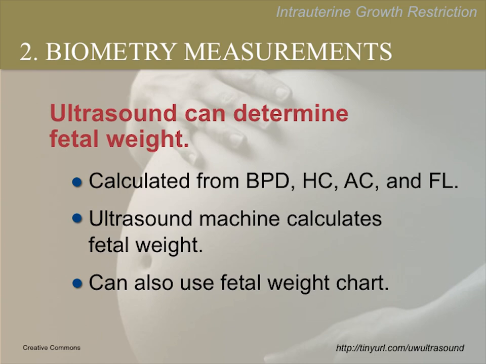With most machines, the OB software package will calculate the fetal weight from these measurements. If your machine doesn't have an OB package, you can use a chart to determine weight. Please refer to the table that estimates fetal weight based on abdominal circumference and femur length in the participant handbook on our website.